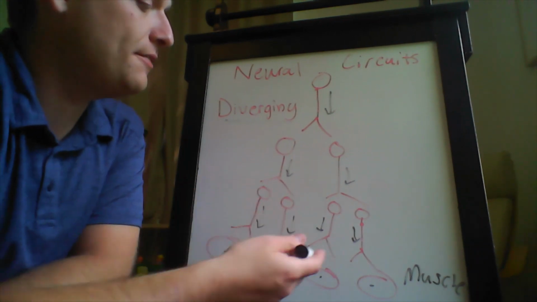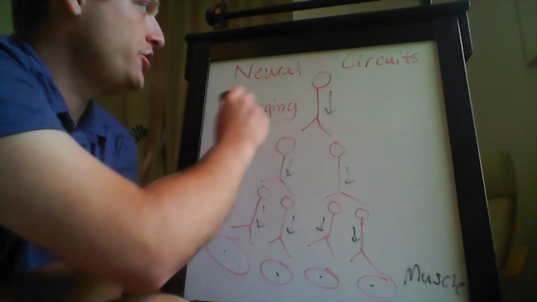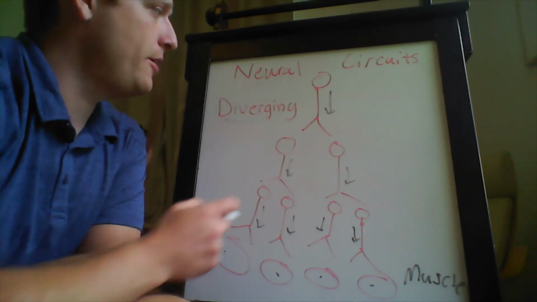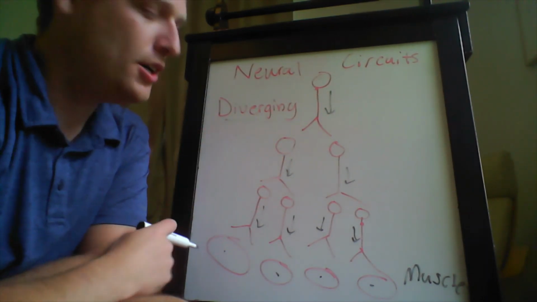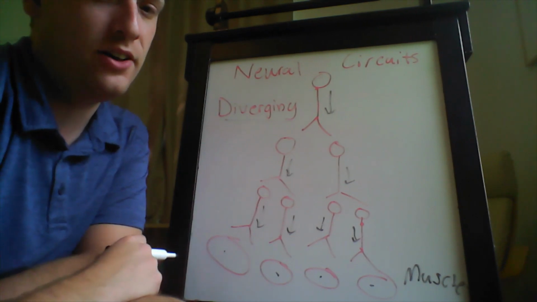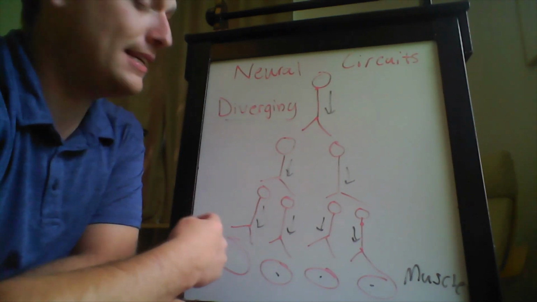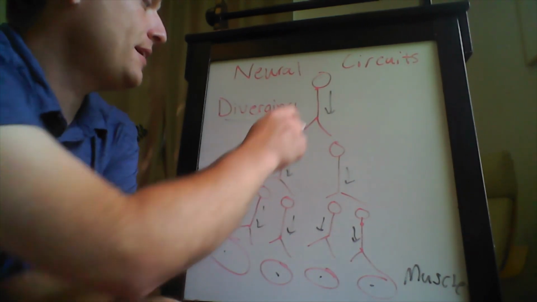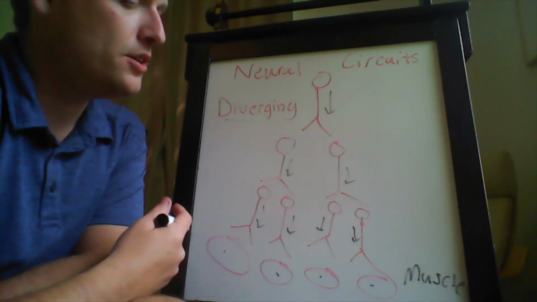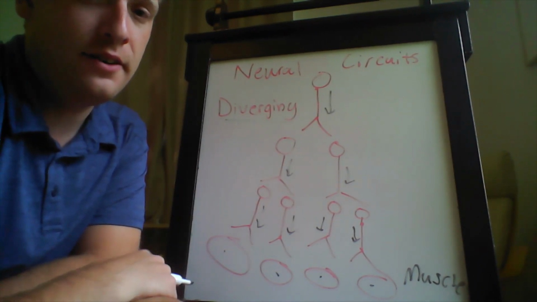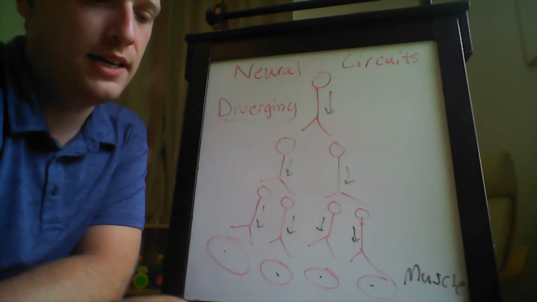This is effectively managed through a diverging neural circuit, where you have theoretically a single neuron controlling many cells, and that is made possible because of this diverging circuitry. The opposite of a diverging circuit we'll see here in just a second.